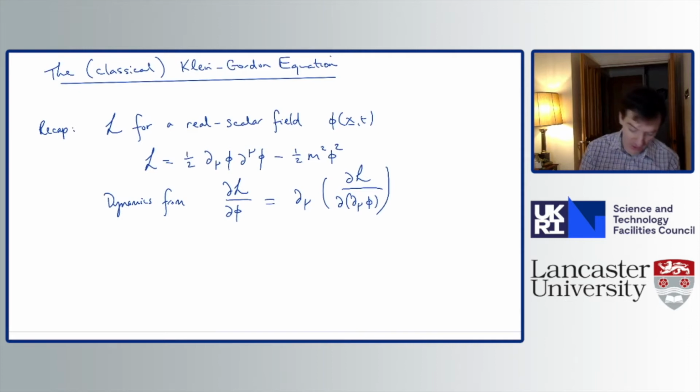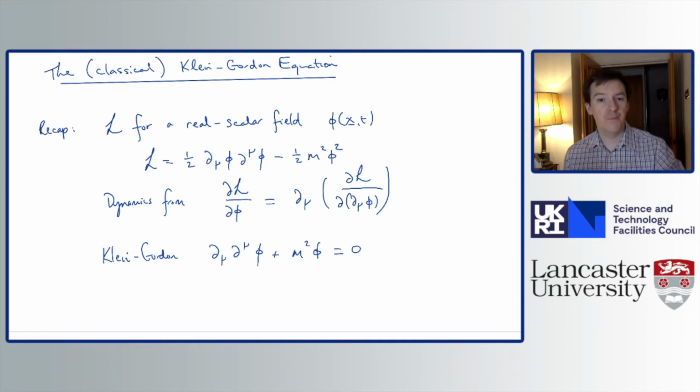The Klein-Gordon equation pops out at the end, once you use this machinery, and it is: the d'Alembertian, d mu d mu phi, plus m squared phi equal to 0. We showed how that worked in detail yesterday, using this Lagrangian formalism.